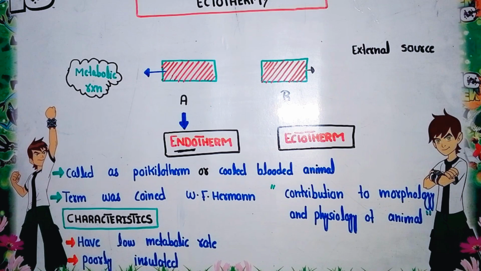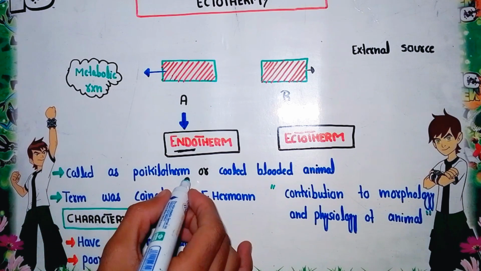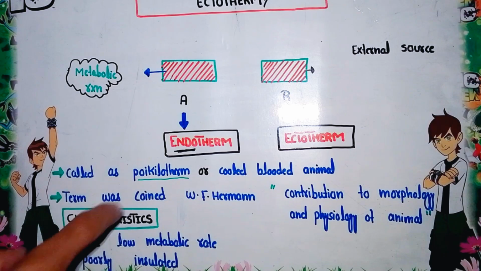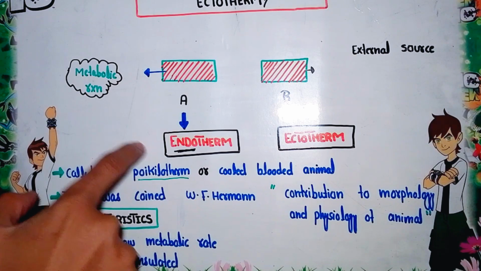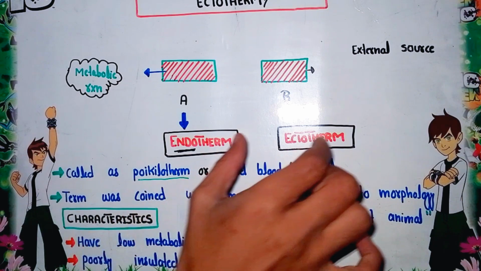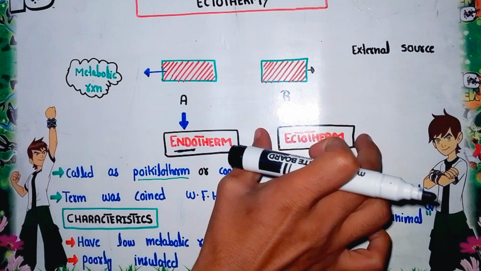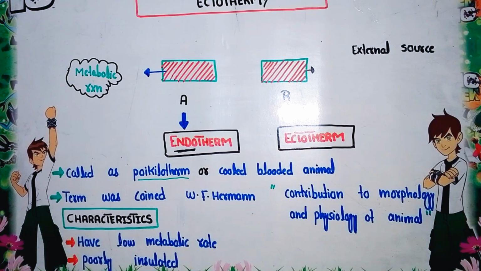Now let us discuss the ectothermic animals. Ectothermic animals are called poikilotherms or cool-blooded animals. Ectotherm and poikilotherm are actually two aspects of one phenomenon, because poikilotherm emphasizes variable body temperature, while ectotherm emphasizes that external conditions determine the body temperature.